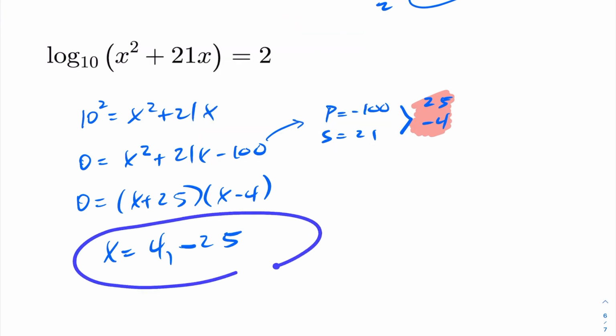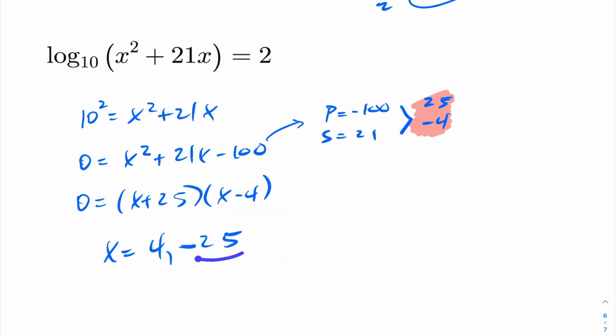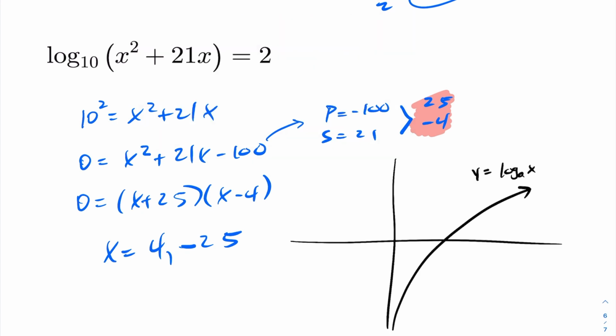Notice here I have a value 4 and negative 25. Previously, when we had a negative value, I kicked that out of our answer. The reason was that the x value in the previous example was in our base. We don't have that here, so it could be that 4 and negative 25 are both admissible values. To check, recall that for an arbitrary base a, your logarithmic function looks like this.